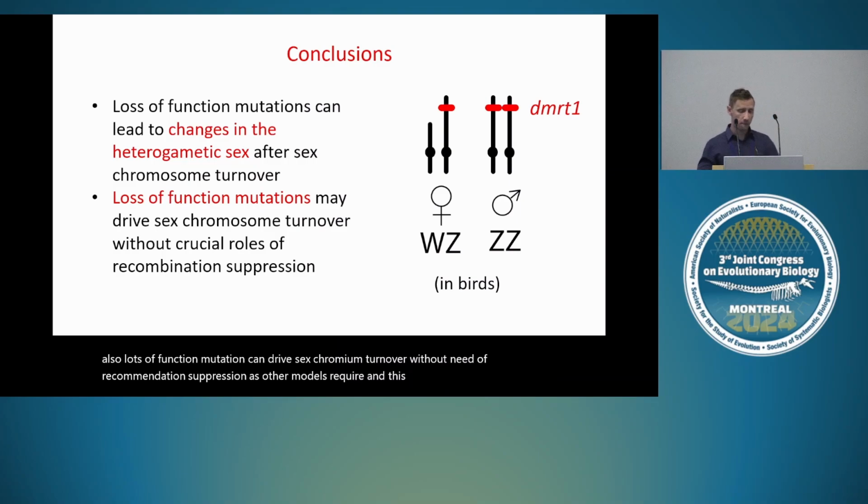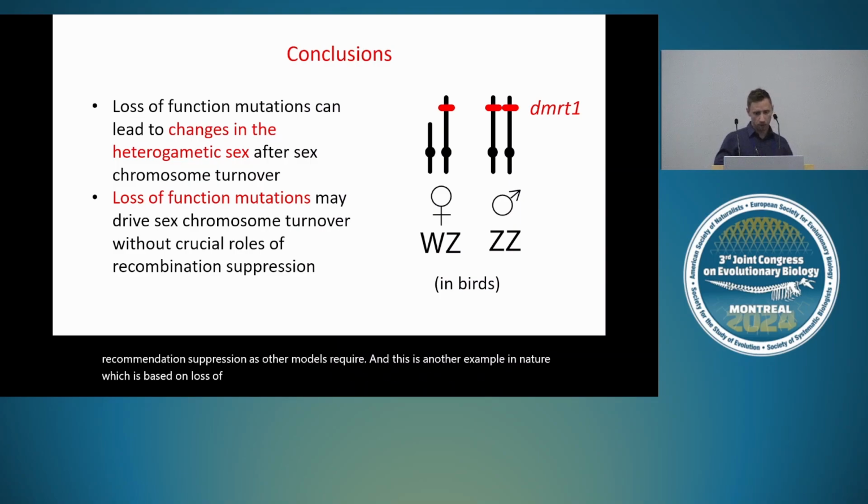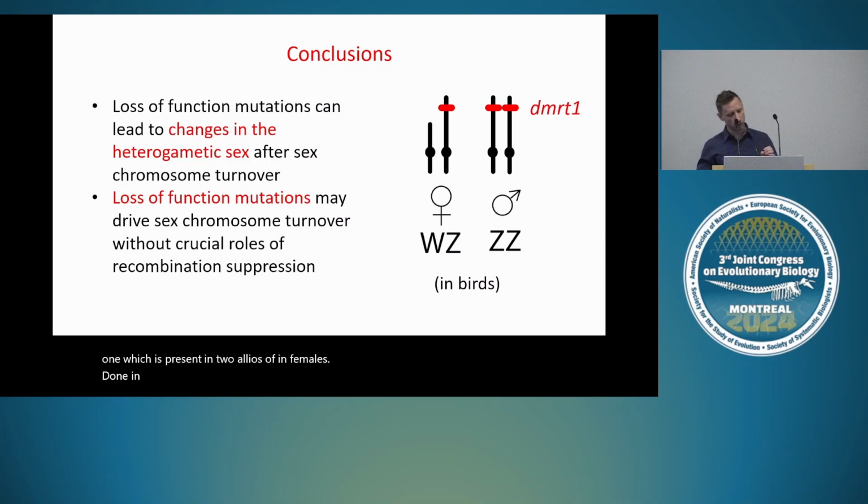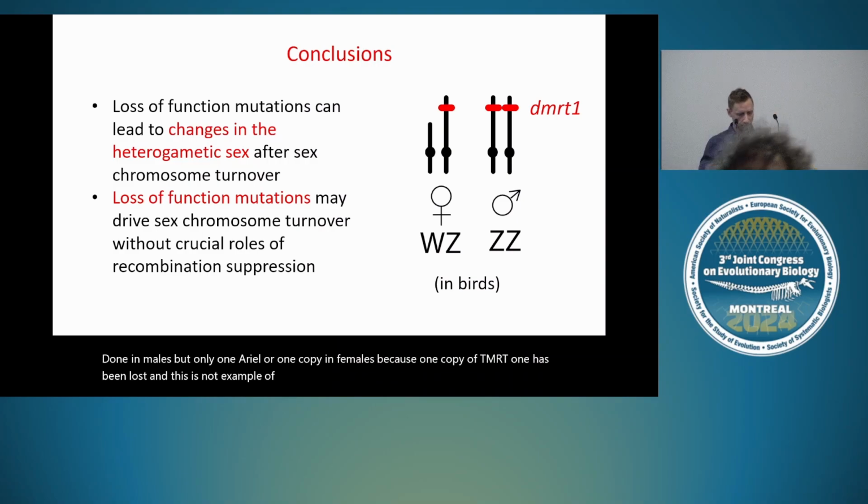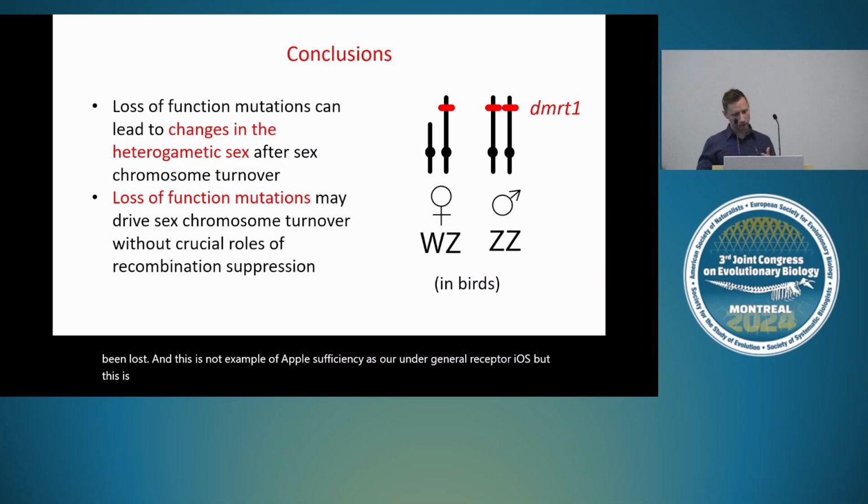Here is another example in nature based on loss of function. In birds, there is a known sex-determining gene, DMRT1, which is present in two alleles in males, but only one copy in females, because one copy of DMRT1 has been lost. This is not an example of haplosufficiency as our androgen receptor allele is, but an example of haploinsufficiency of the DMRT1 allele to determine sex, specifically maleness.